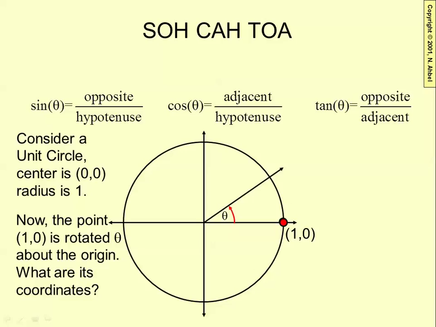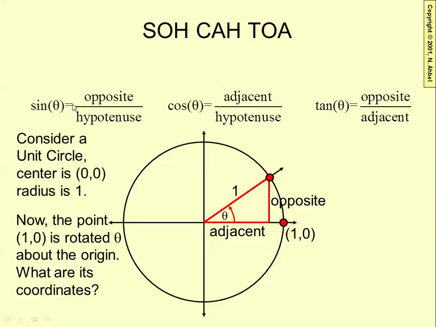So now we see the point being rotated theta, and so the question is, what are the coordinates of this point right there? If this is a right triangle that we've superimposed on this unit circle, and this is theta, then this is opposite, and at the bottom is adjacent, and the hypotenuse is 1, and that's going to help us out.